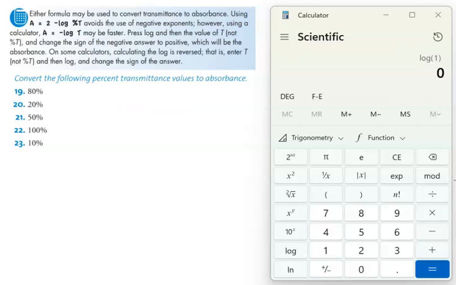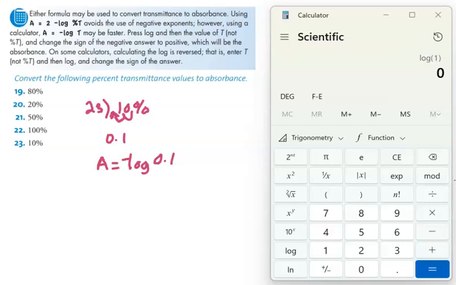Let's look at problem number 23. We have 10% as our transmittance. Again, we have to change that to a decimal, so we end up with 0.1. That's our T. If we plug that into our formula, A equals negative log 0.1.